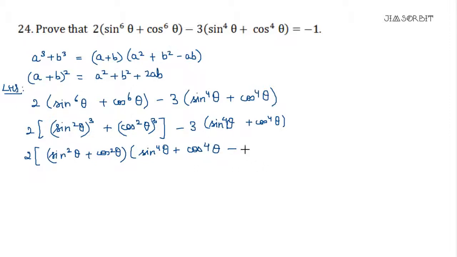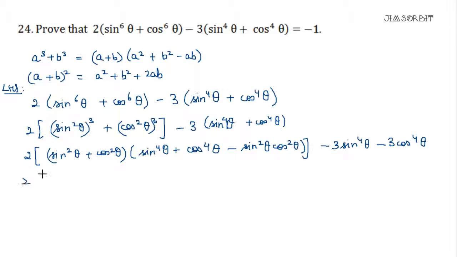So this into this will be sine square into cos square. Simple. And then we will multiply this, so I'm just writing here minus 3 sine to the power 4 theta minus 3 into cos to the power 4 theta. I hope you have understood this far.